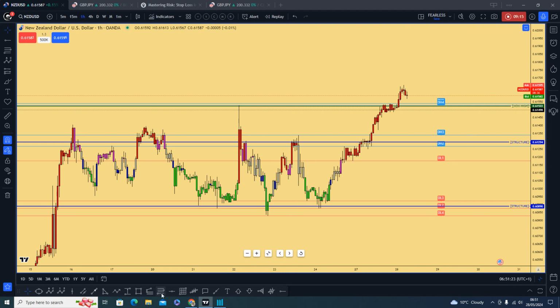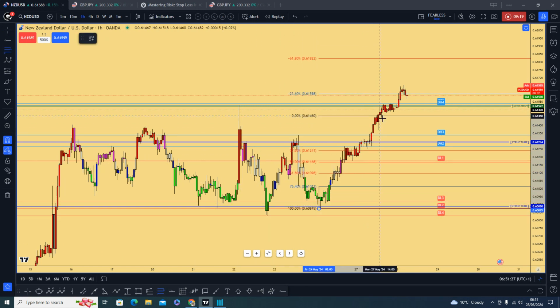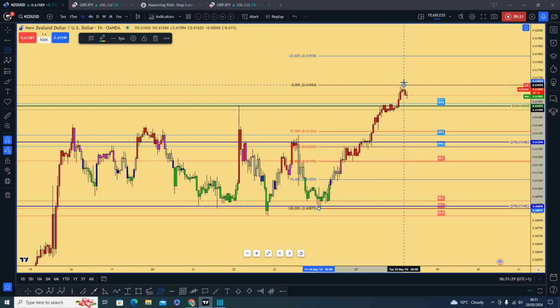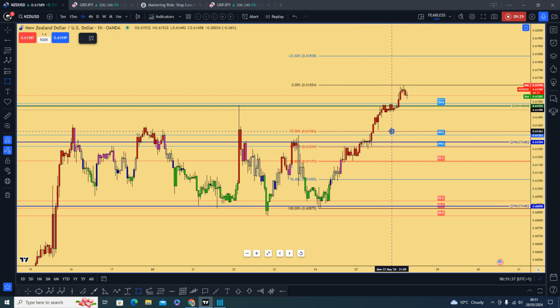So a simple way of setting yourself up for this New Zealand is to see a move up, to see a move down into the buy zone. As long as the buy zone holds, you can see we have 3 daily high, 2 daily high, 1 daily high inside here.